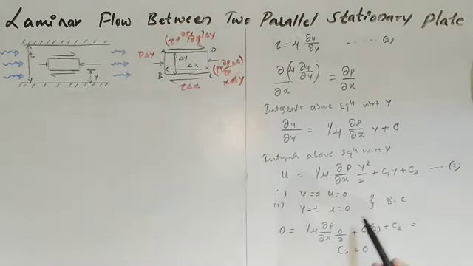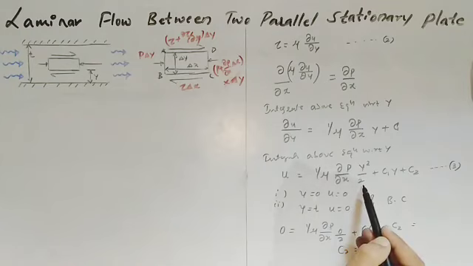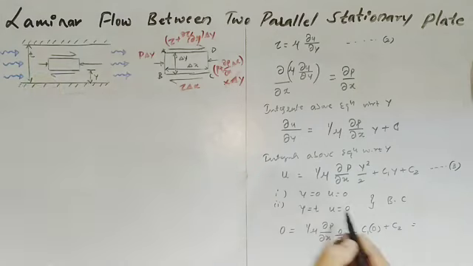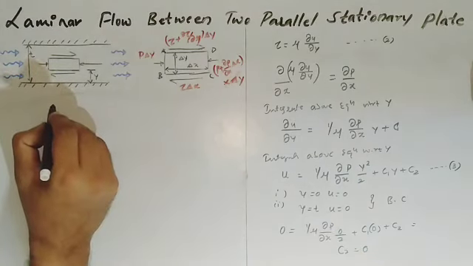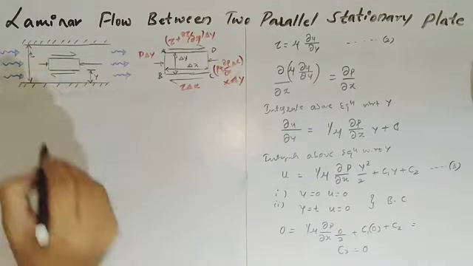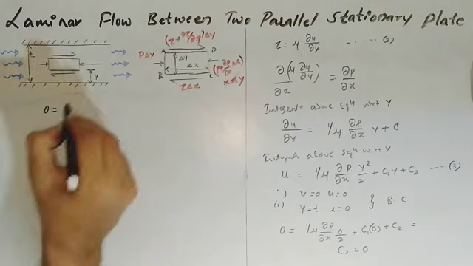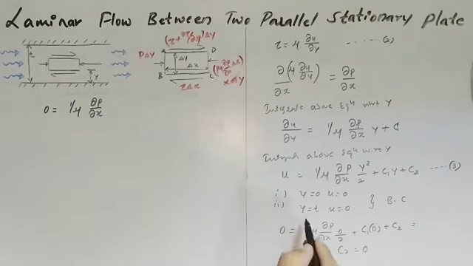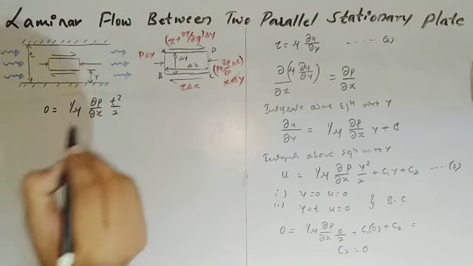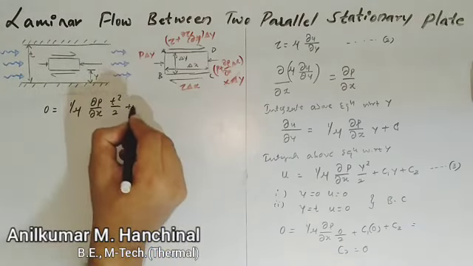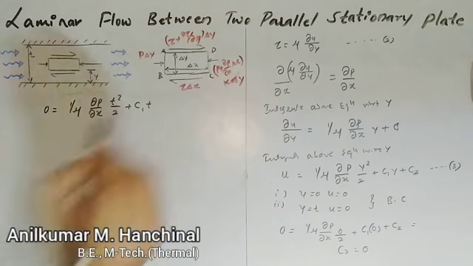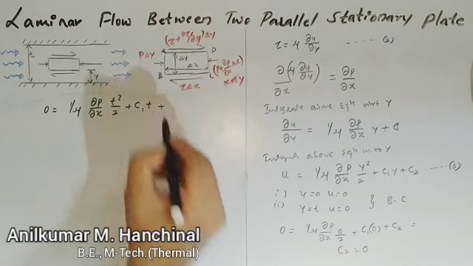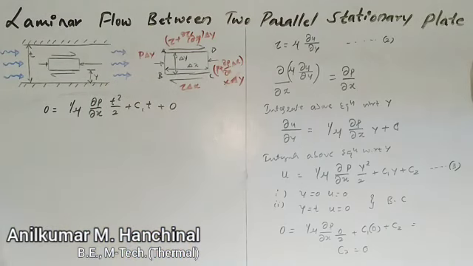Now let us put boundary condition 2 in equation 3 to identify the integration constant c1. What is our boundary condition 2? y equals t and u equals 0. Now u equals 0, then 1/μ ∂p/∂x, y is t, so t squared divided by 2, plus c1 t as y equals t, plus c2, which is already calculated as 0.